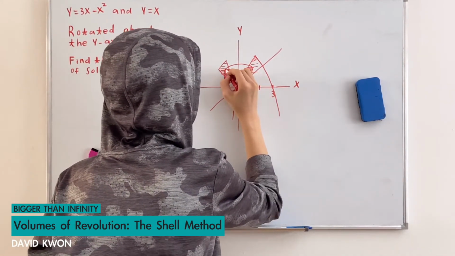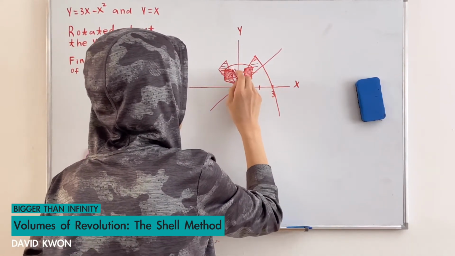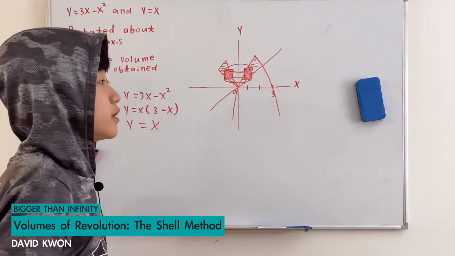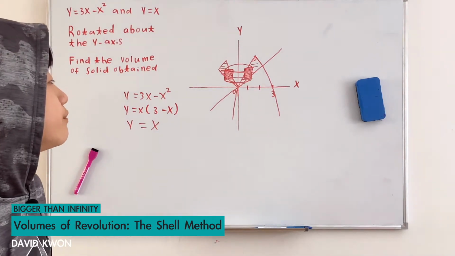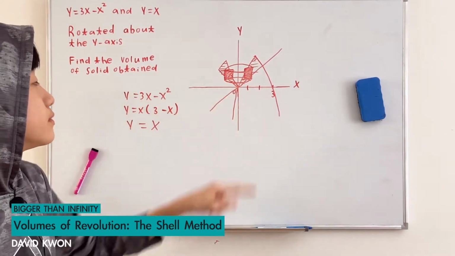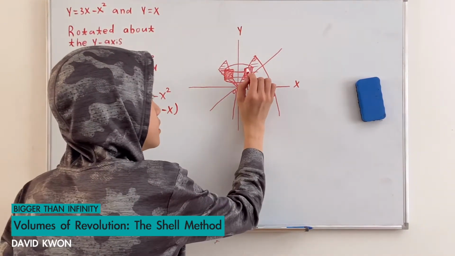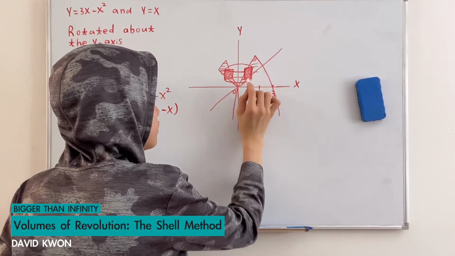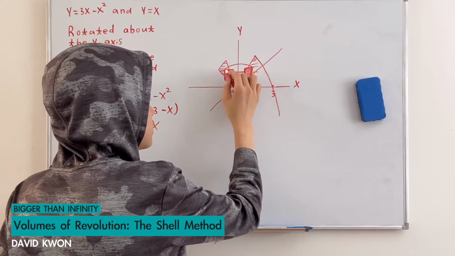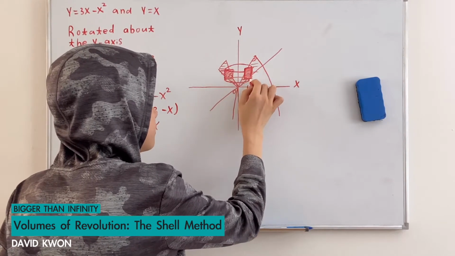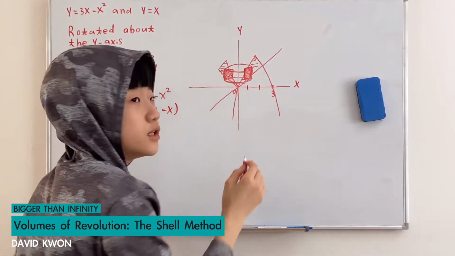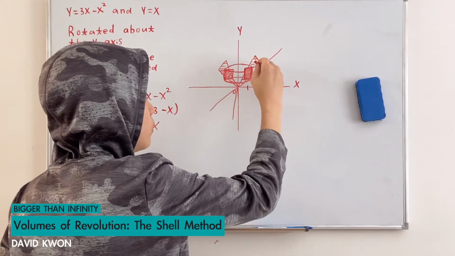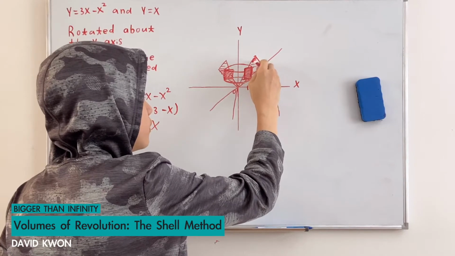So if we find the volume of this whole cylindrical shape, we will find the value of this, because this rectangle is just this side, but the integral is what lets us find the whole volume of the rest of this.